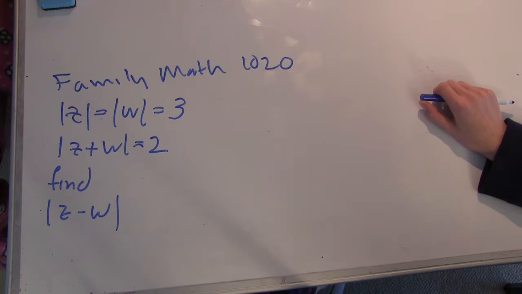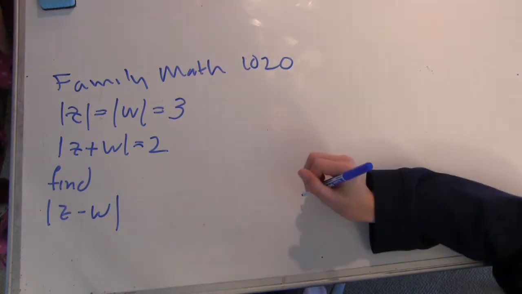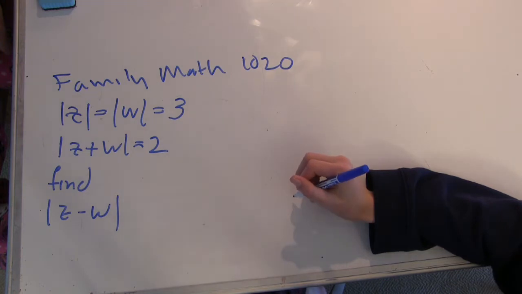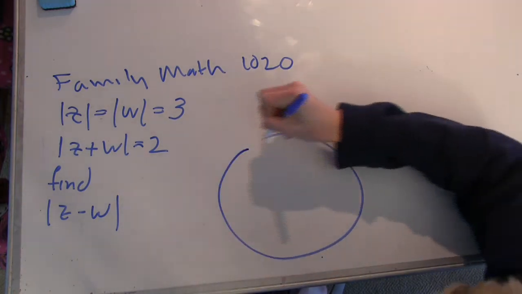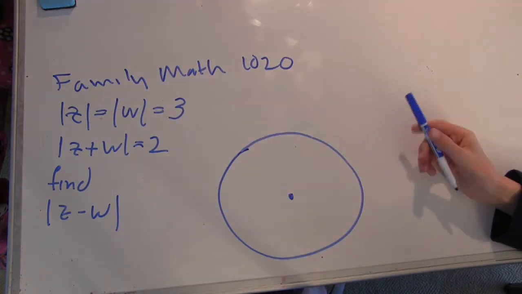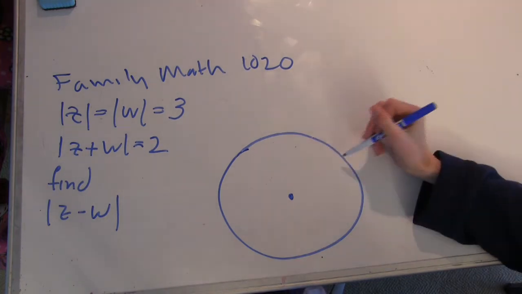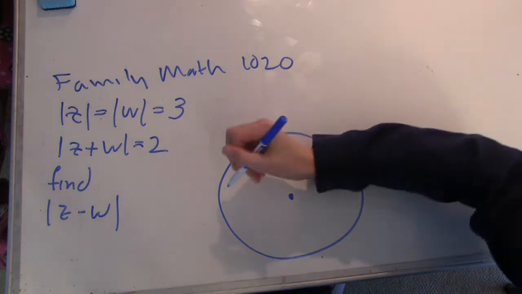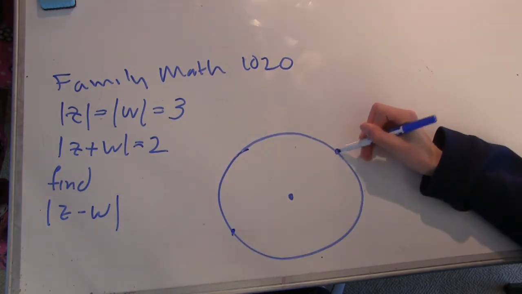So first I want you to just draw a picture and show the situation that we're looking at here. Well, the magnitude in complex numbers is the distance away from the origin. And if the complex numbers z and w both have a magnitude of 3, you can imagine it as a circle with radius 3, and these points z and w are both on it.